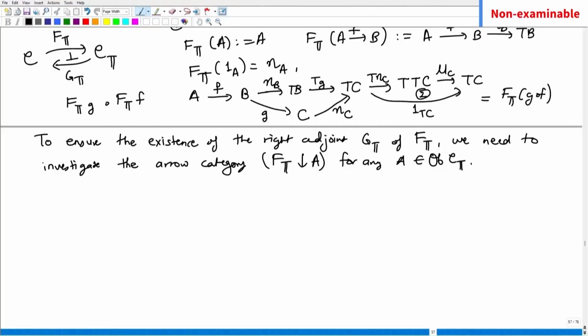So FT arrow A has a terminal object. That's what we have to verify, that this particular category has a terminal object. Okay, we'll quickly do that.